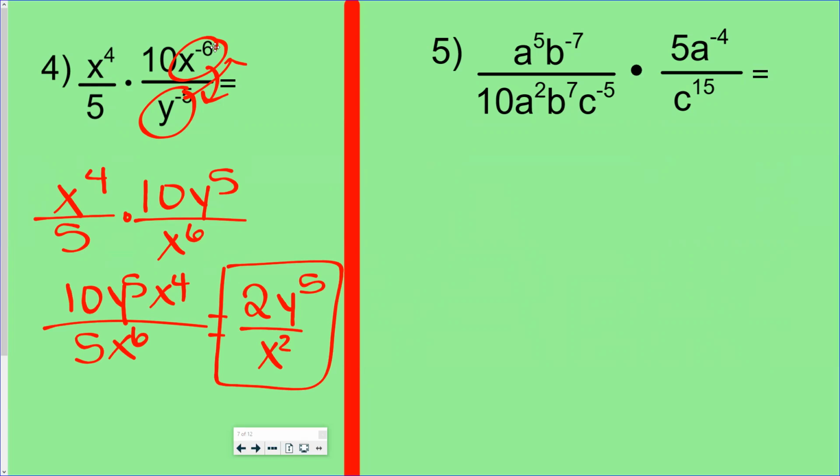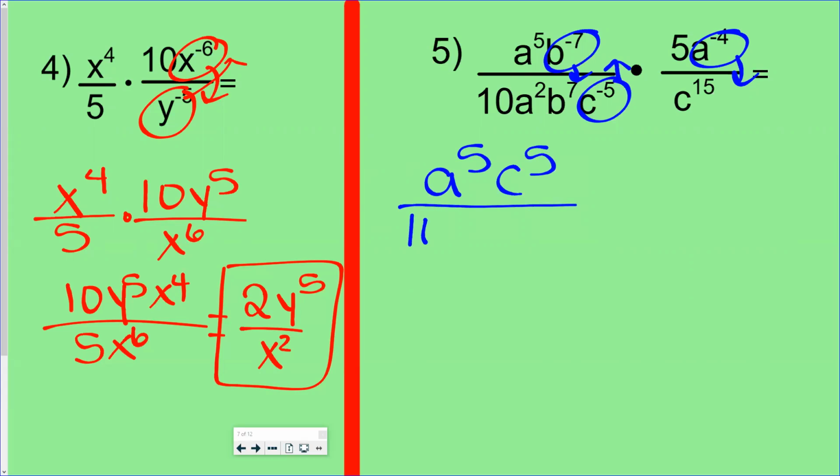Last one, number 5. Here's just one more. B7, C5, A4. On top here, I'll have A5, and I will have C5. On the bottom, I will have 10, A2, B7, and another B7, all times 5 over A4, C15.